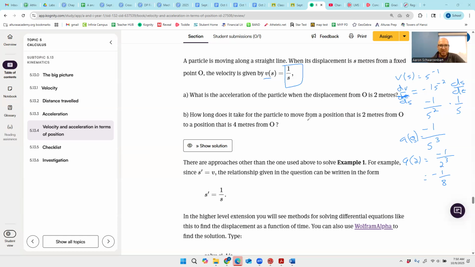It says, how long will it take the particle to move from 2 meters to 4 meters? So I'm looking for a time. Right now I have a velocity.